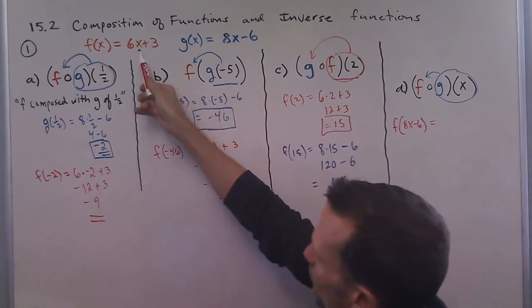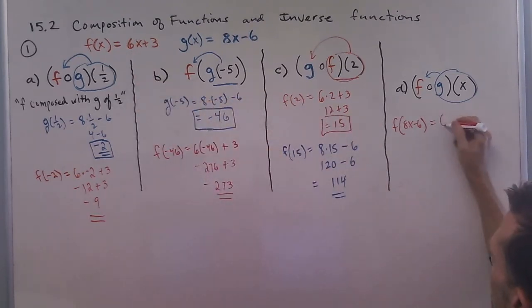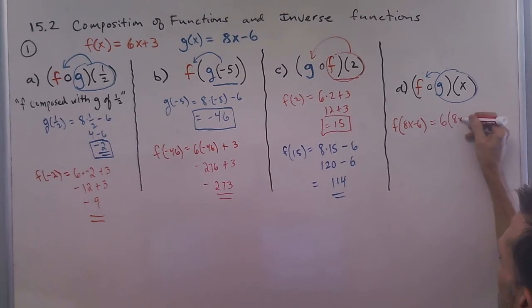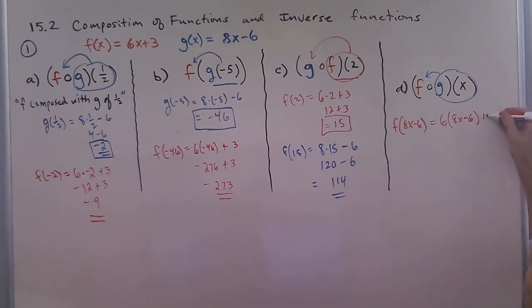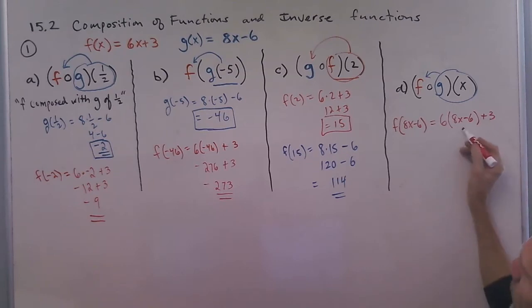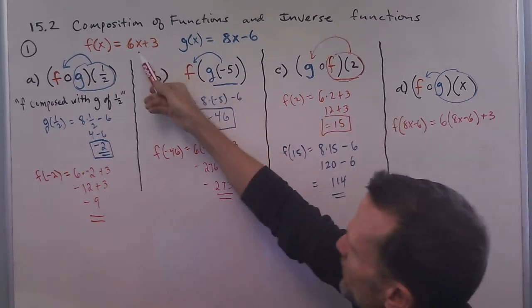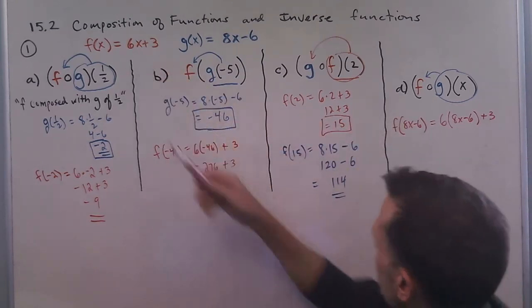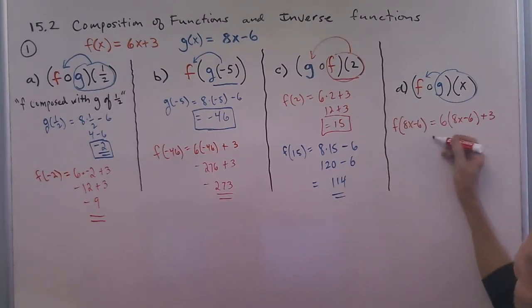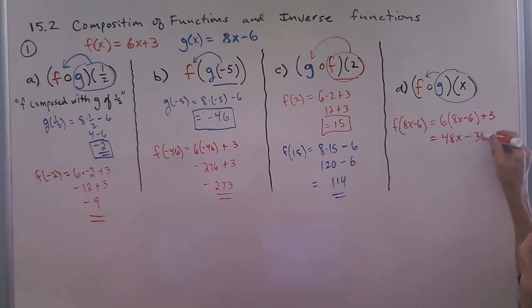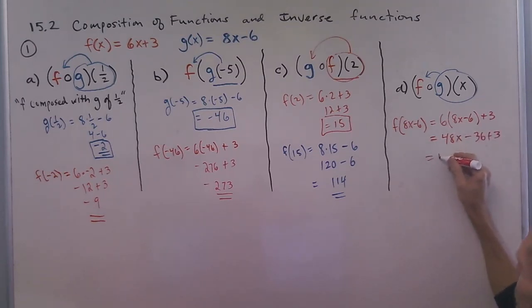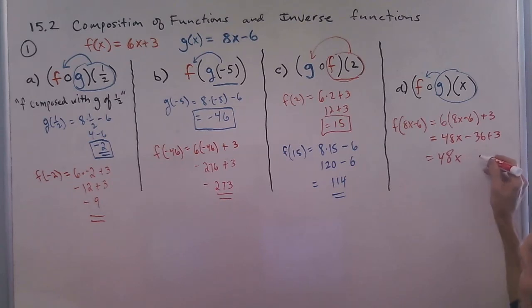So I'm going to have to put 6 times 8x minus 6 plus 3. Okay, see where I put that 8x minus 6 right in for that x there. Okay, and then I could clean this up a little bit, and I get 48x minus 36 plus 3 equals 48x minus 33.